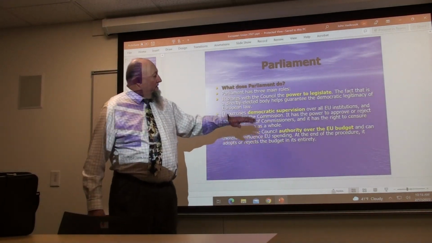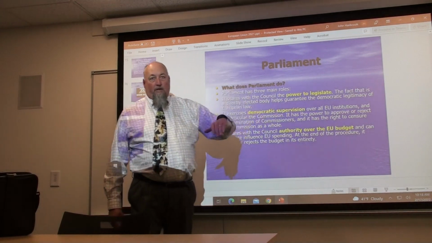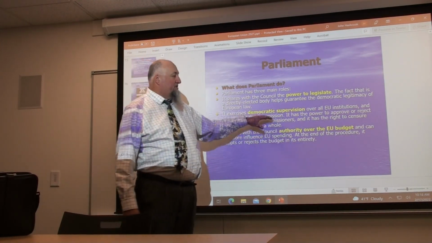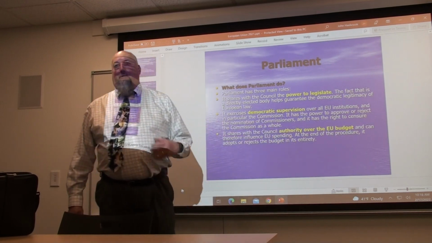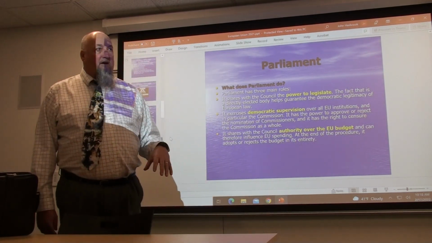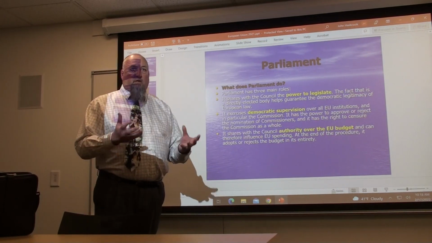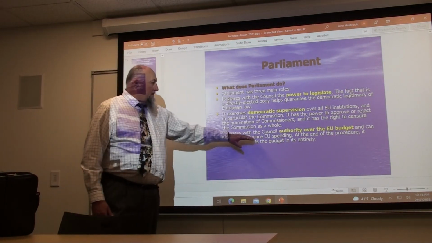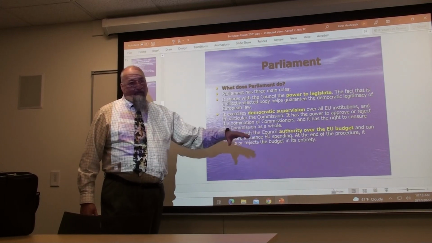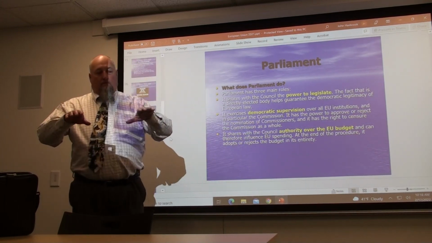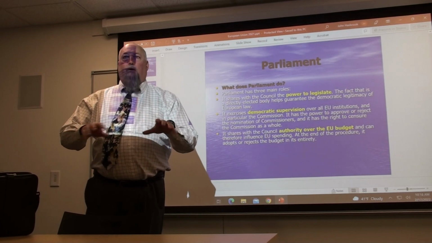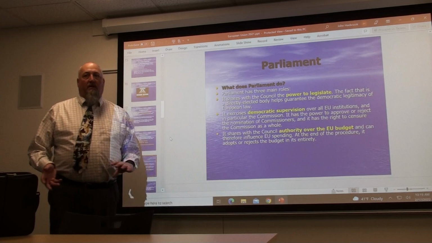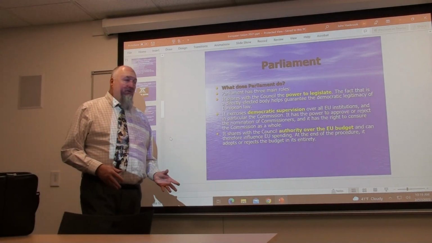Unlike the General Assembly within the United Nations, which does not have legislative power, nor direct supervisory power, the Parliament in the EU does have that. The General Assembly in the UN is a recommendation body only. And then, like the UN, the Parliament has budgetary power, as does the General Assembly. So there are some similarities, but there are fundamental differences.